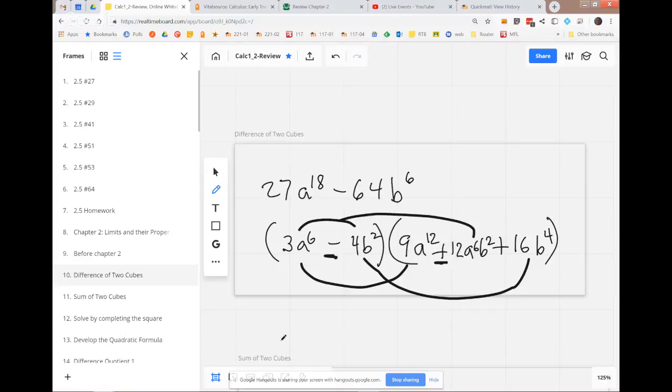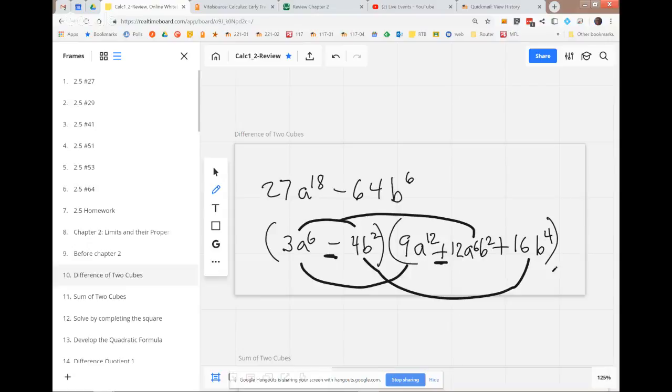So, okay, and then this is just a reminder. Remember, you always get a binomial and a trinomial. A binomial: cube root of the first term, 3a to the 6th, cube root of the final term, 4b squared. Mimic the sign.